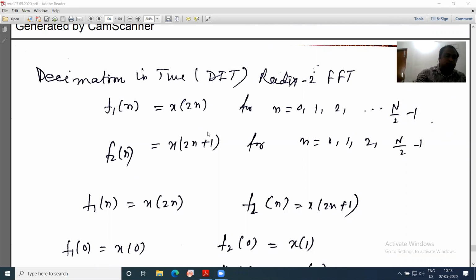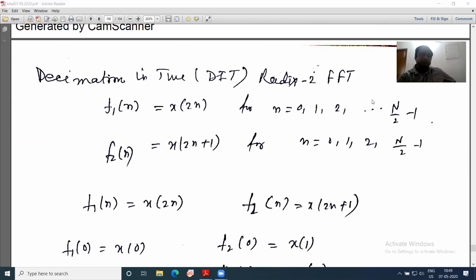X of 2n plus 1 also essentially belongs to X of n. So F1 and F2 are the two sequences which are derived from X of n. Now this X of n is essentially 8 point, or X of n is an N point, then for F1 of n, n has to go up to N by 2 minus 1. So one thing we have to understand clearly now.